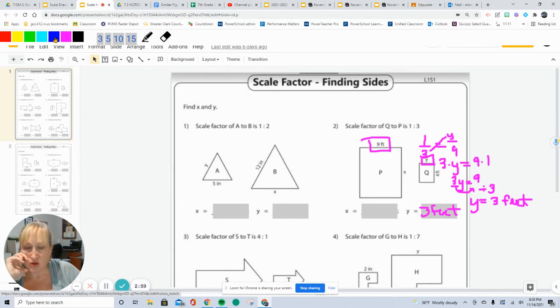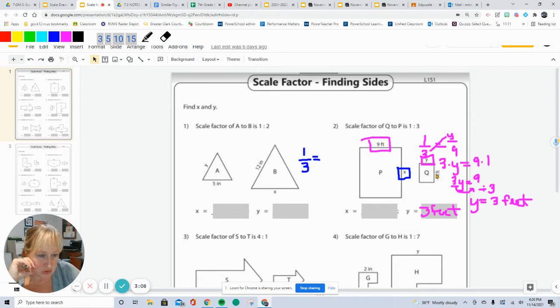Okay, we'll try the next one, where we're still dealing with our scale factor of 1 to 3. It should be proportional to x and 4. Now the 4 is in the smaller one, so it goes at the top, and the x is on the bigger one, so it goes on the bottom. Going to cross multiply. This is 1x equals 3 times 4, which is 12.